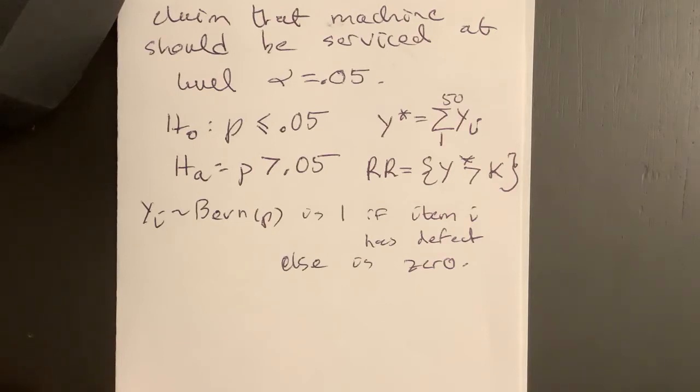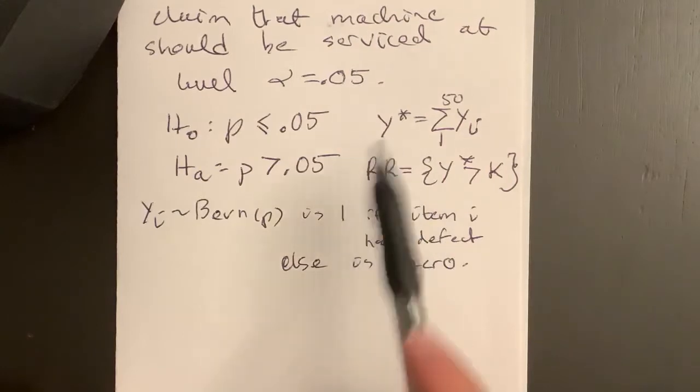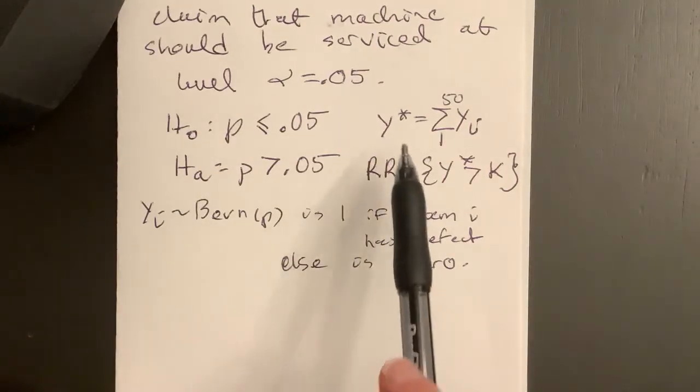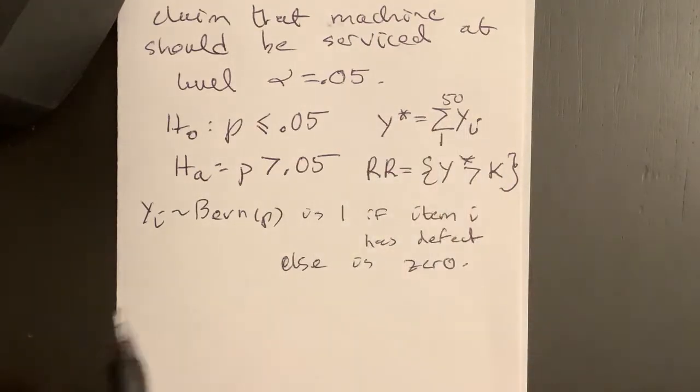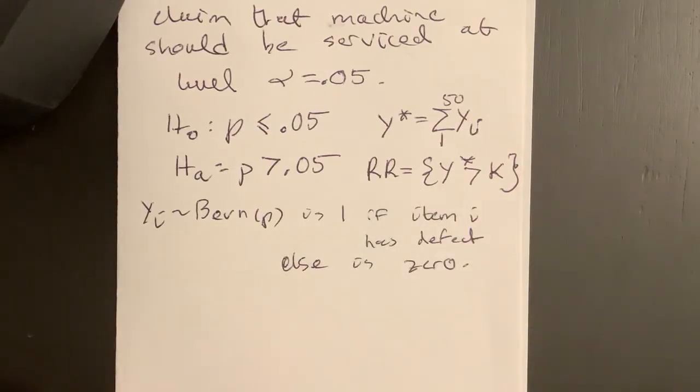One thing we can do here, I wrote all this down ahead of time, so this makes sense, right? I will let the test statistic be the sum of the 50, basically a count of how many defects there are, and I will reject if the count is sufficiently big.